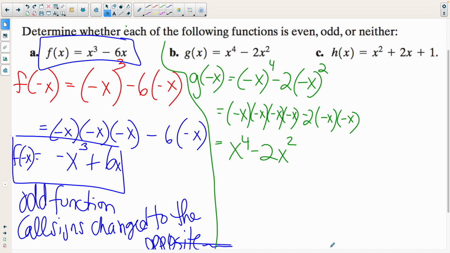So compared to the original, all the negatives canceled out. So that is an even function. Okay? If the function is the exact same, unchanged, that's even.